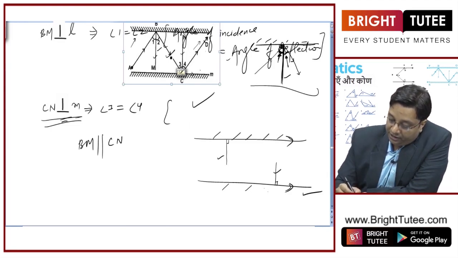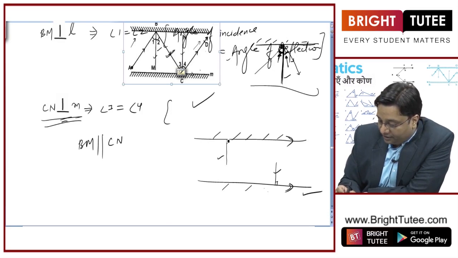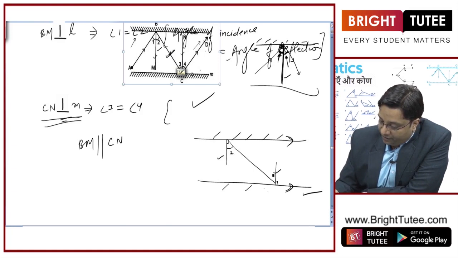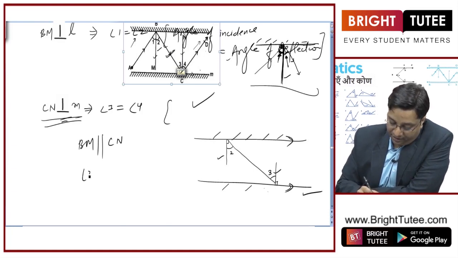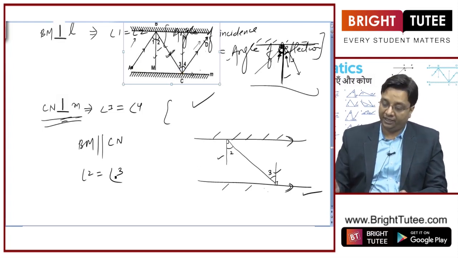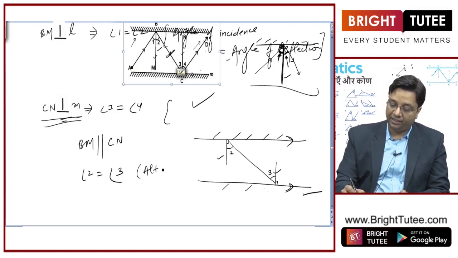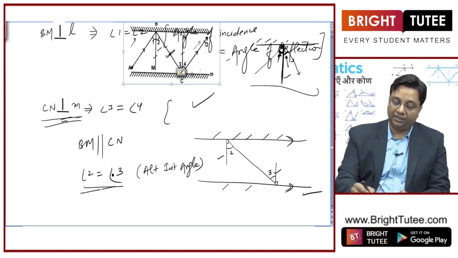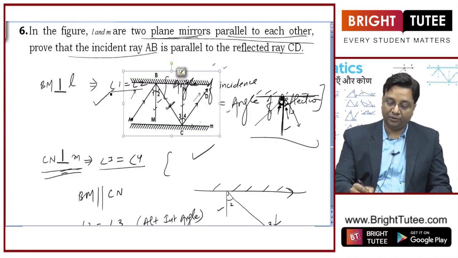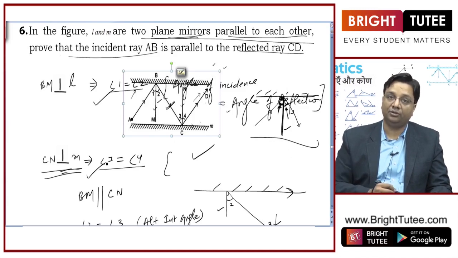Now, this line here is the transversal. So angle 2 will be equal to angle 3. Why? Because these are alternate interior angles. Now, if angle 2 is equal to angle 3, I can say angle 1 is equal to angle 4 also, because I just proved that angle 1 is equal to angle 2 and angle 3 is equal to angle 4.